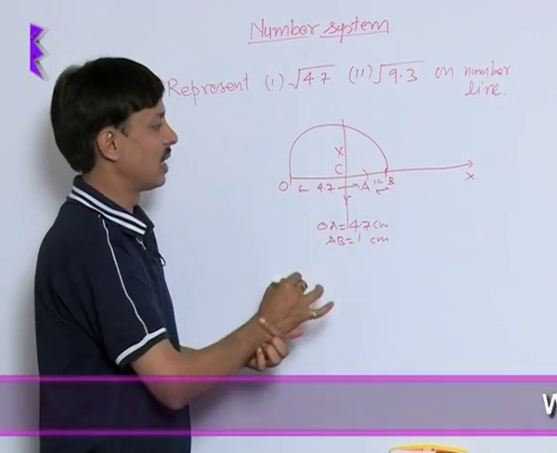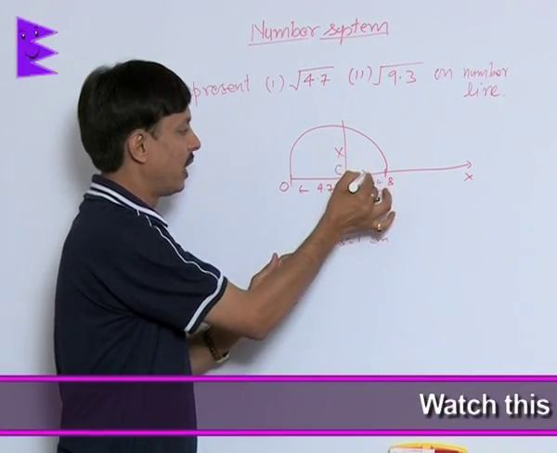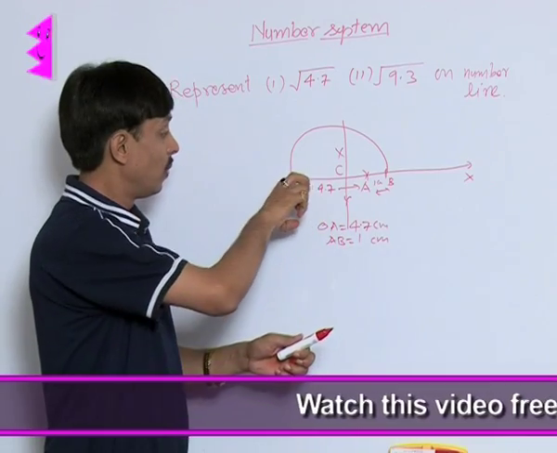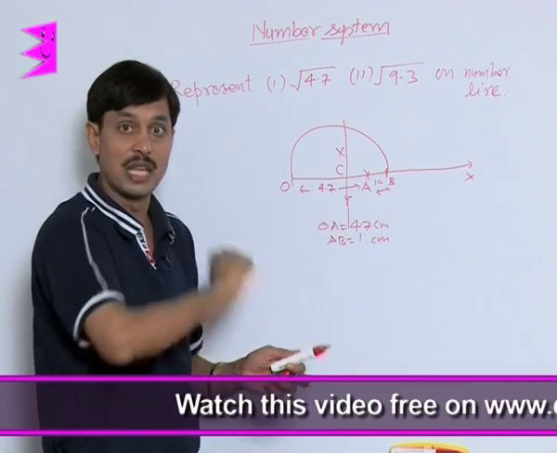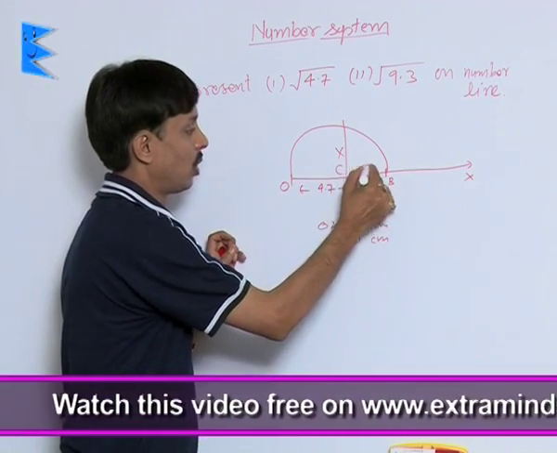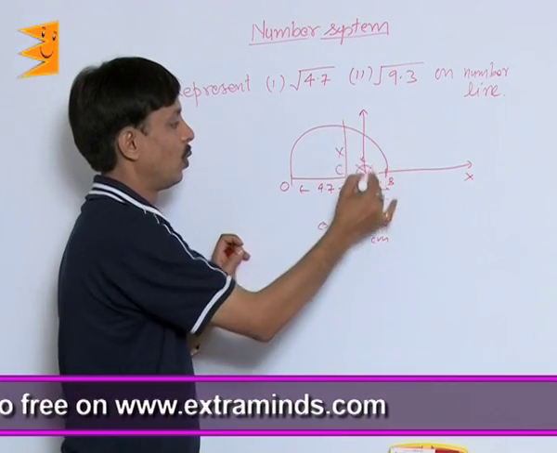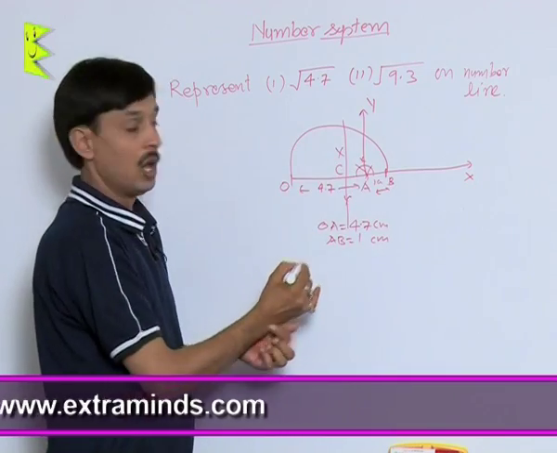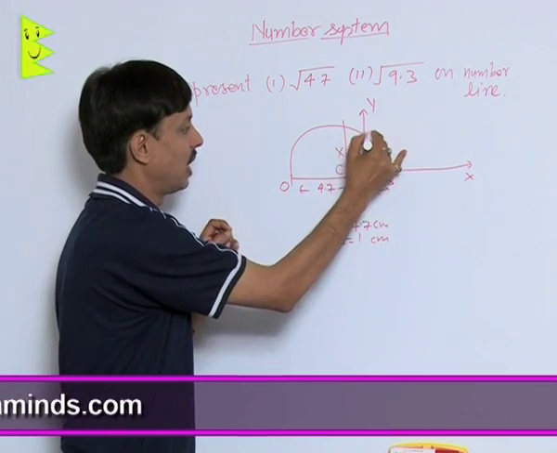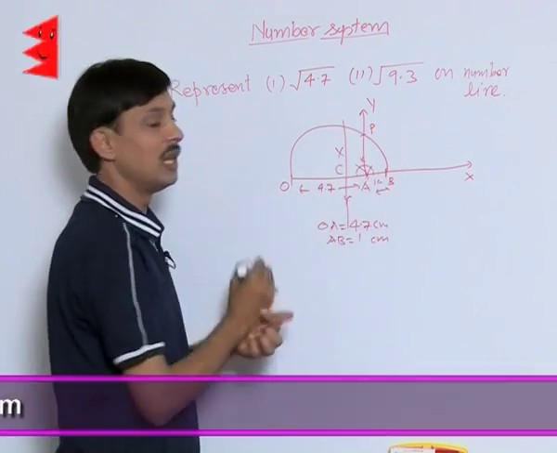Now at point A, where we have taken OA as 4.7, draw the perpendicular, suppose AY, which meets the semicircle at a point P.